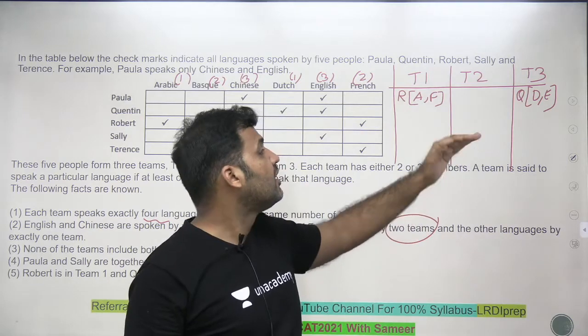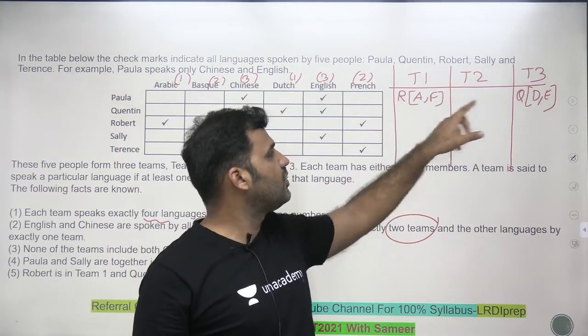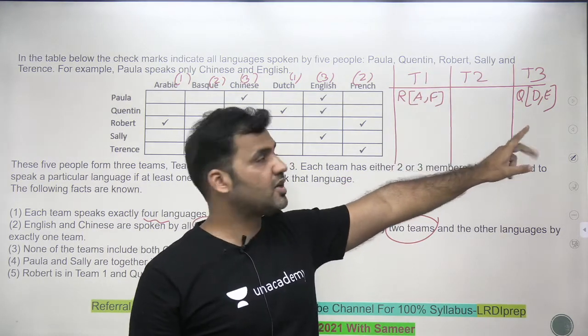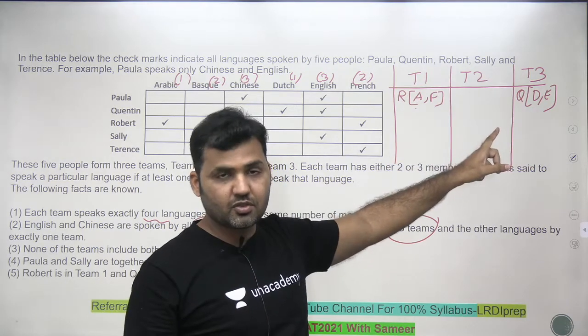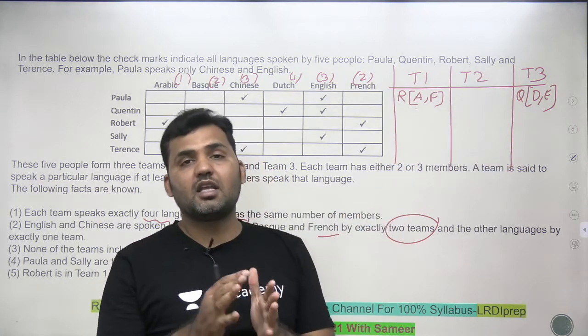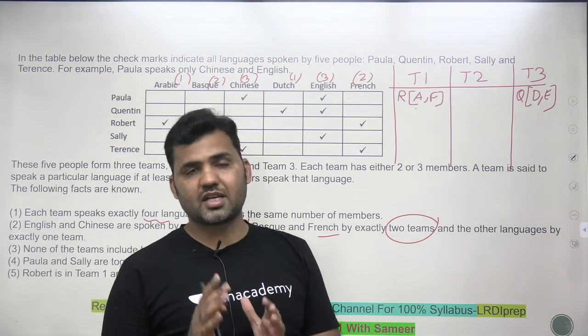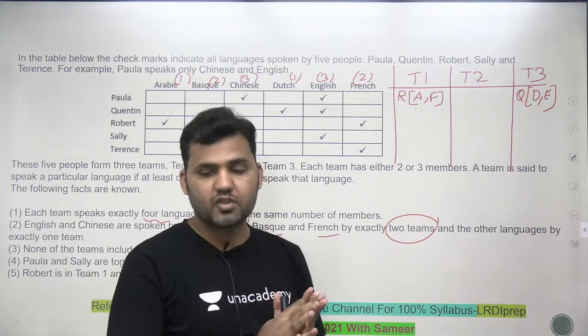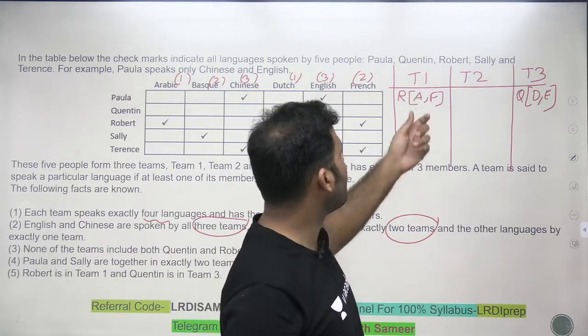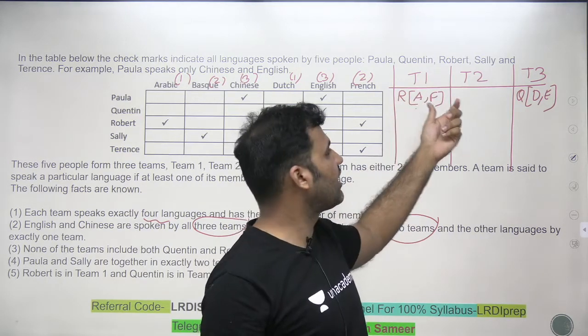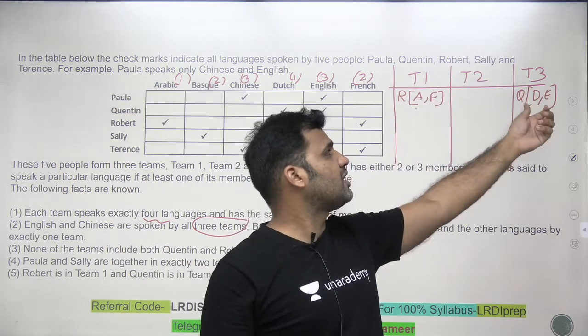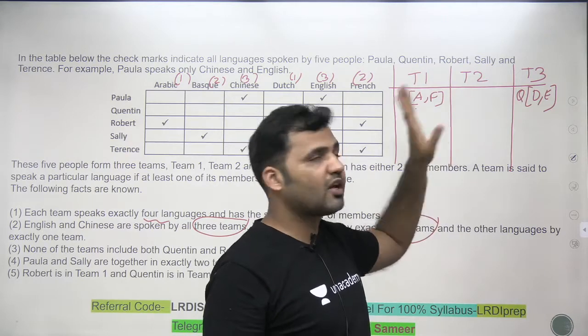Why so? Because if R and Q become members, then Dutch will be spoken by two teams, and Arabic will also be spoken by two teams. I need Arabic and Dutch to be spoken by one team only. So one team speaking Arabic is team 1, and the one team speaking Dutch is team 3. So R and Q cannot be the member of team 2.